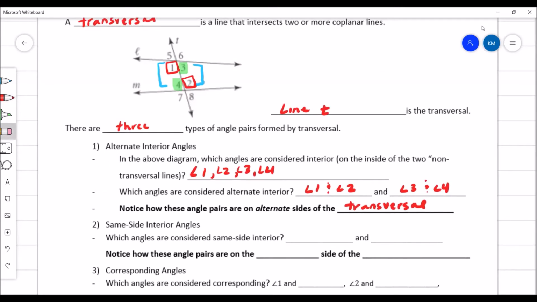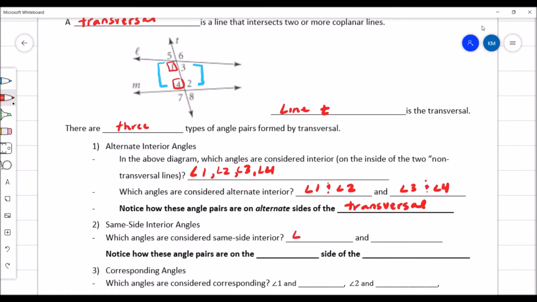Next thing asks us about same side interior angles. We've already identified what interior meant. I'm going to keep that line there. So which angles are considered same side interior? Well, they're the ones that are going to be on the same side. So angle 1 and angle 4 are on the same side.